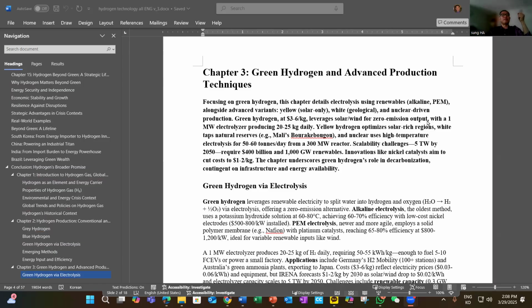There are some more values which would be nice to understand. With a 1 megawatt electrolyzer, production is 20 to 25 kilos daily. So an electrolyzer has a capacity, usually by power, like 1 megawatt, and it is good to understand that capacity.